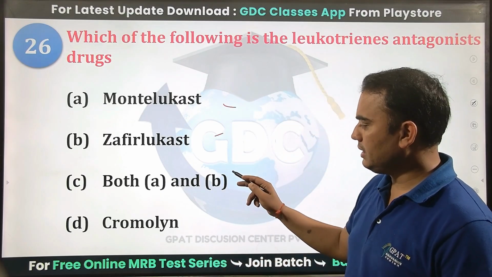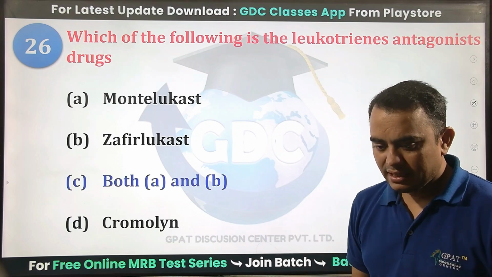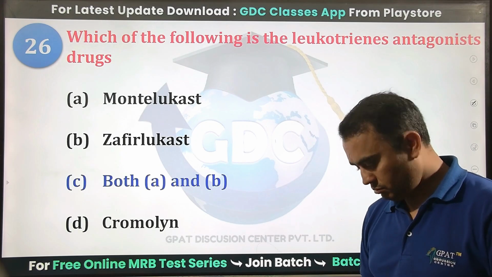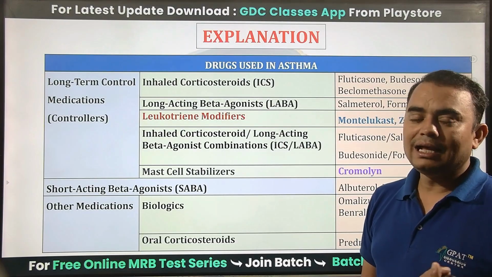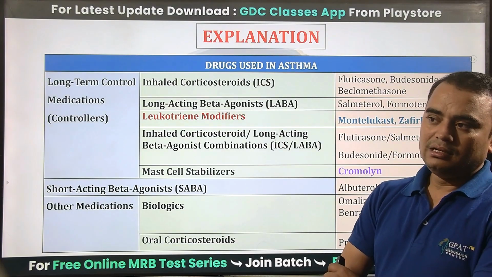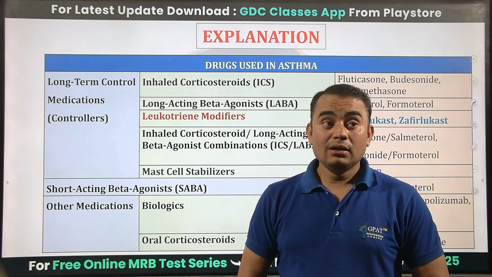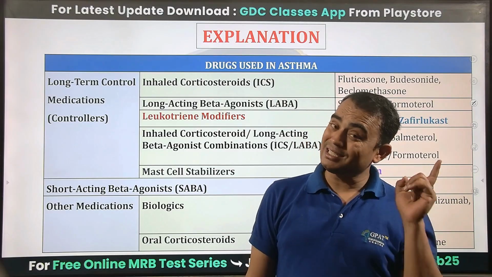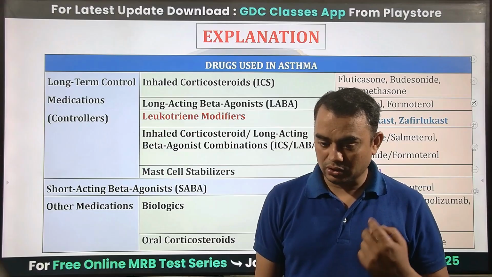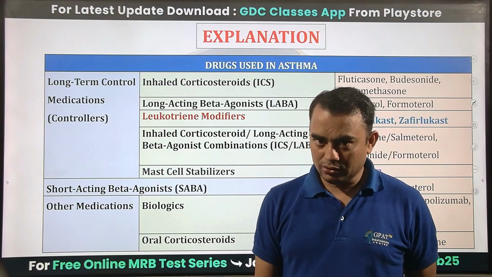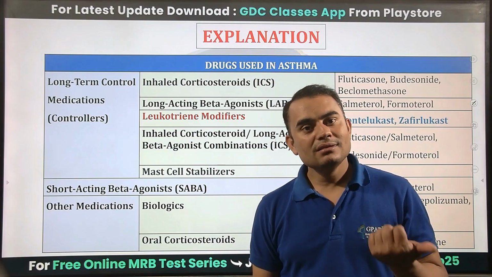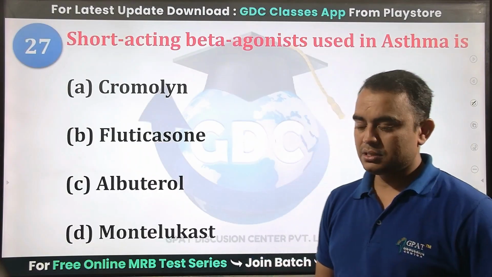So both drugs are here, and the correct answer is C. Montelukast and zafirlukast are both leukotriene receptor antagonists, mainly used in asthma. Another question may be about the leukotriene synthesis inhibitor, meaning a LOX inhibitor, which is zileuton.